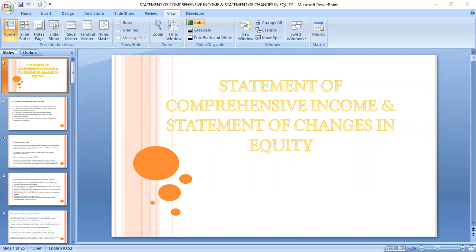Before we take up the contents of the chapter, let's focus on the objectives.